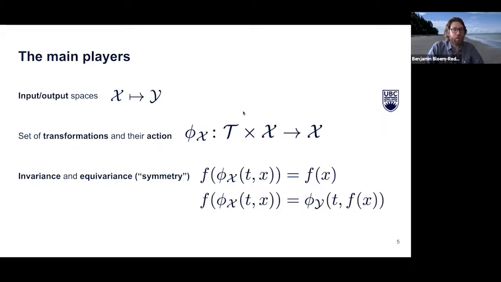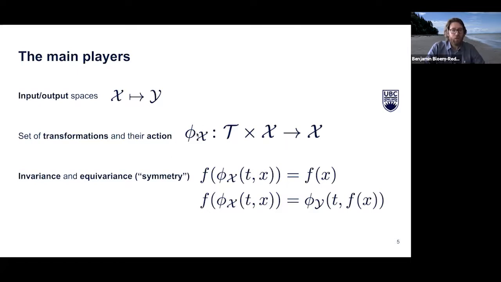The thing that we typically require for the nicest type of theory is that the set of transformations is a group. Okay, so a group has certain algebraic properties that I'm not going to get into too much in this talk. But the idea is that we have a set of transformations that will act on our image, and that action is actually expressed by this function phi.